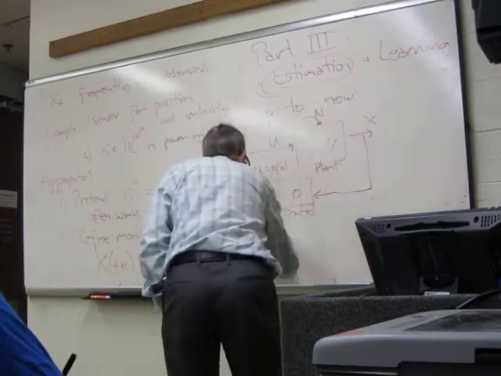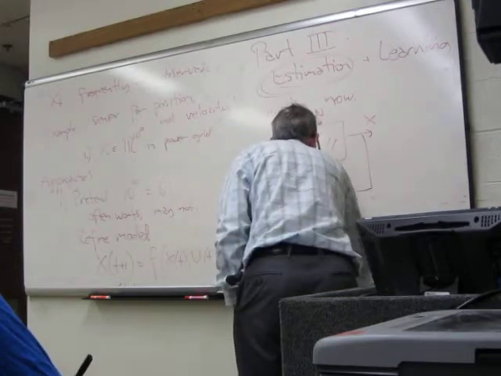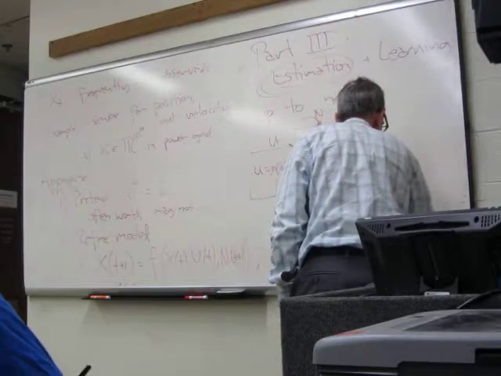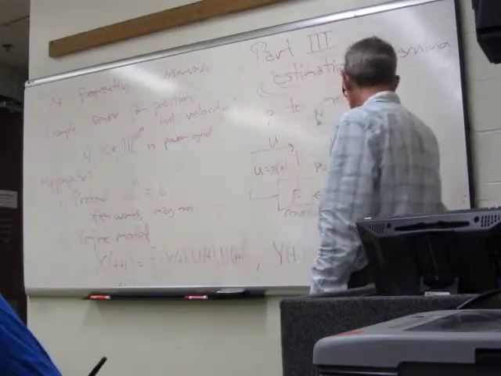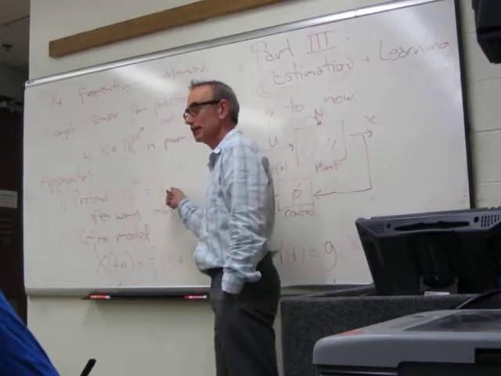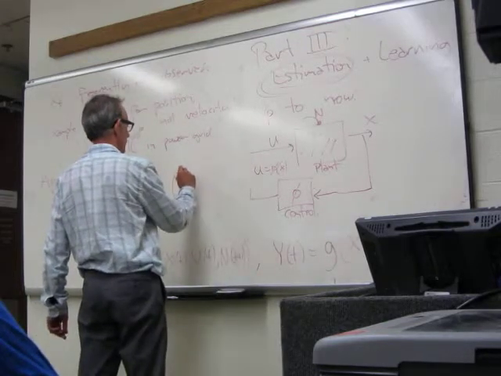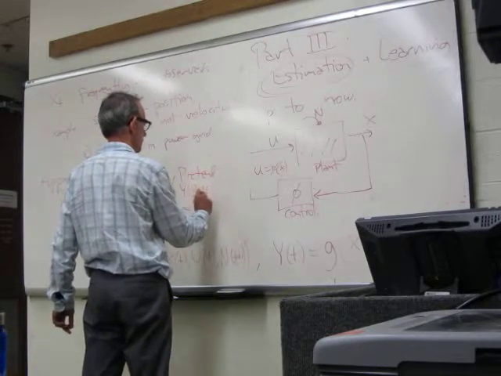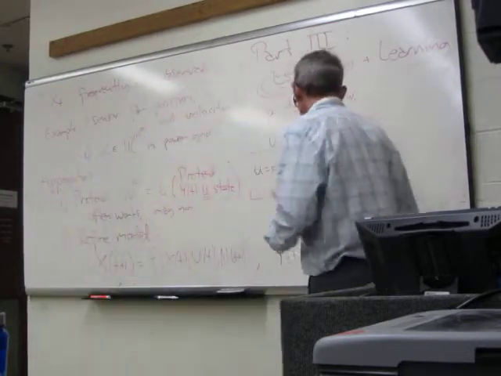But now I've got an observation y of t, which is going to be some function, say g, of the state and noise. So I've got system noise and I've got observation noise as well. And so when I say pretend 10 to the 10th equals 6, so these are observations.